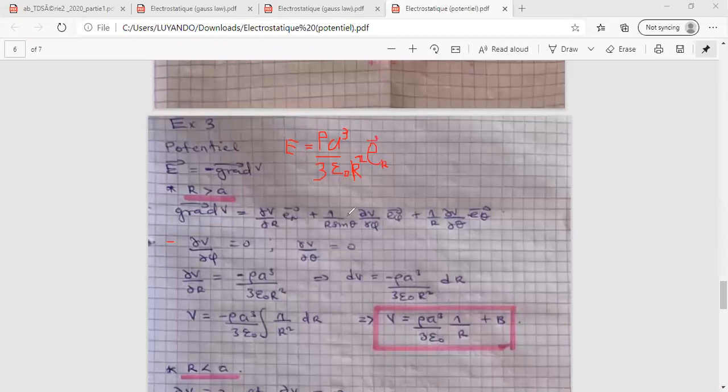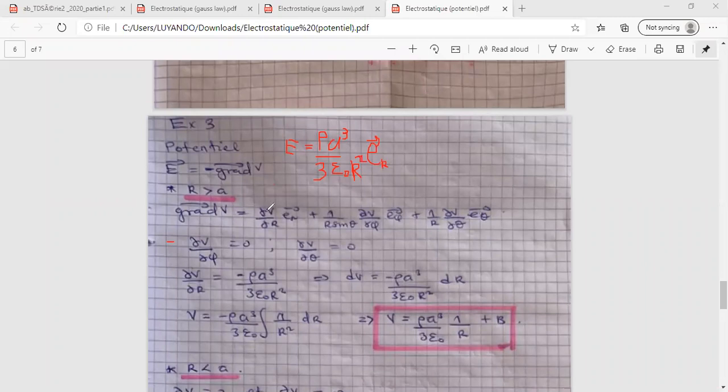Again, we have nothing in the theta direction and nothing in the phi direction from our field. So I'm just going to deal with the change in the E r direction.